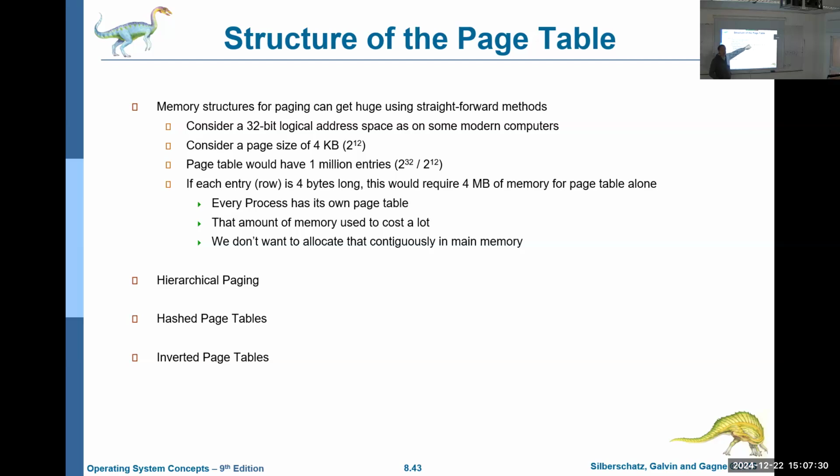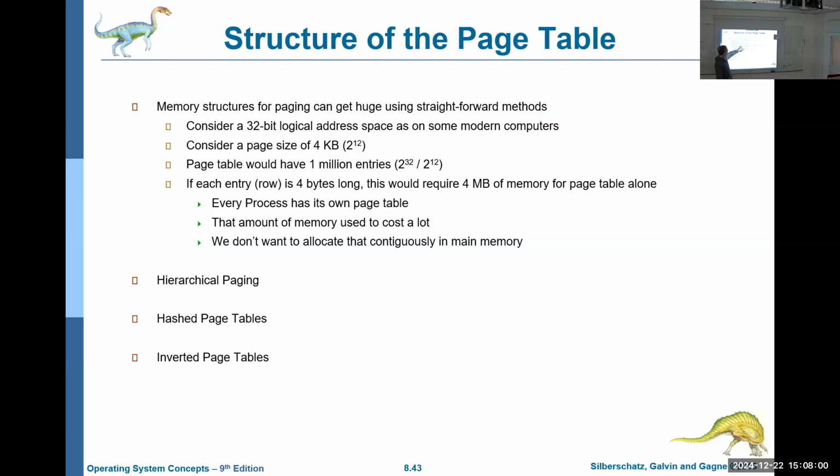Well, I have to divide the size of the whole pie by the size of the slice, and then I know how many slices I have. If you remember from 7th grade, if you divide powers, you subtract the exponents if the bases are the same. So that means I'll get 2 to the 20th. 2 to the 20th is a mega, and if we're talking in bytes, then it's a megabyte.